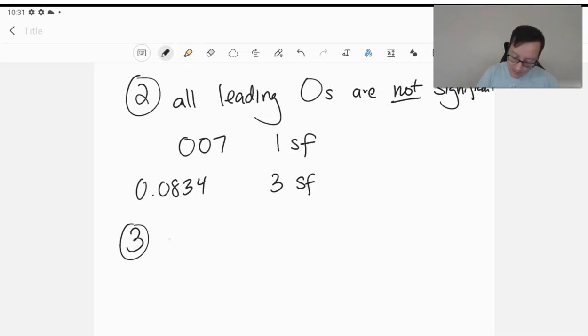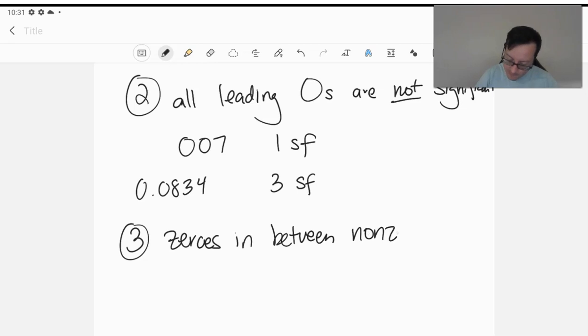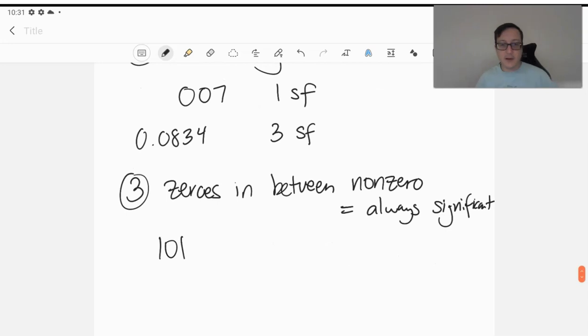We have zeros in between non-zeros, which are always significant. 101 Dalmatians, someone has counted those, but let's say it's a measurement, 101 degrees Fahrenheit. That 0 matters.